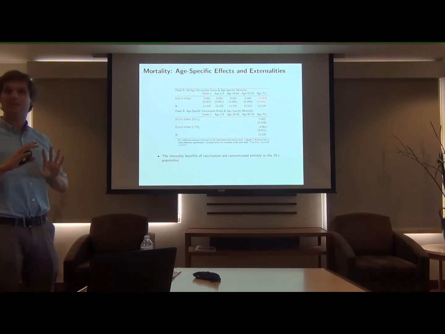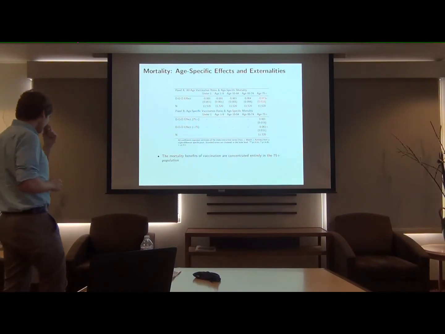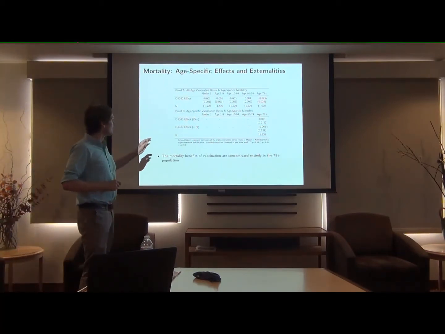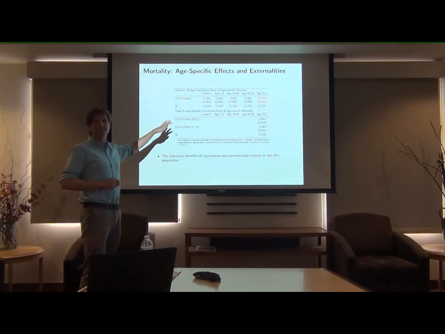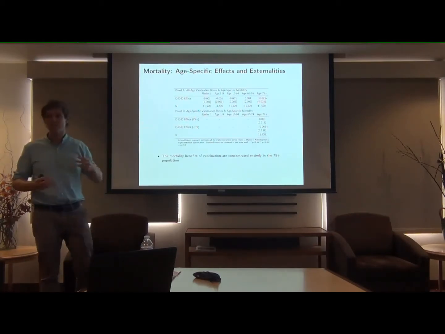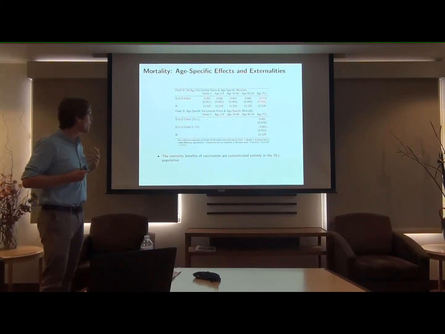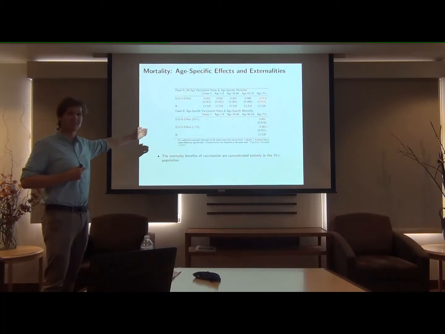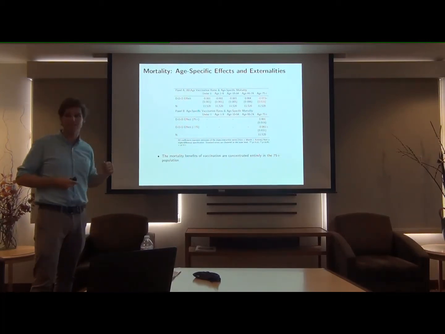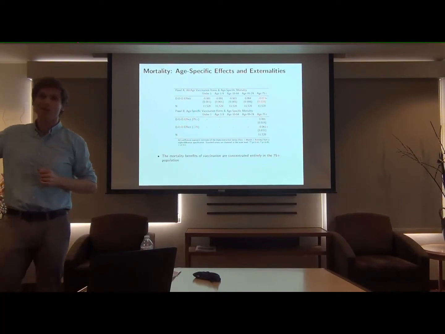The match rate is just an exogenously determined source of variation in the effectiveness of the vaccine. But in the 75 and older population, the vaccine is actually much less effective, so we'd expect the private benefits of vaccination to be relatively small. So what's interesting here is that, even though we really encourage vaccination in the elderly population, much of the mortality benefit of vaccination actually operates through the vaccination of other people.